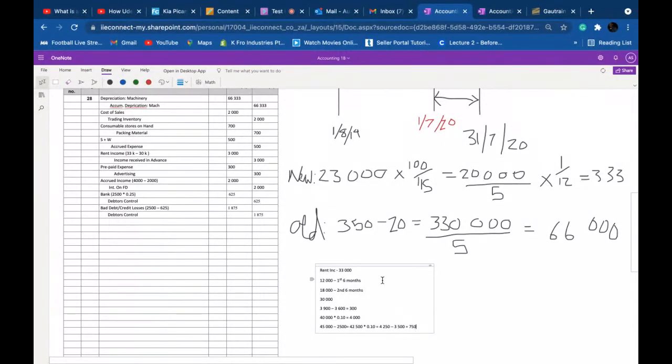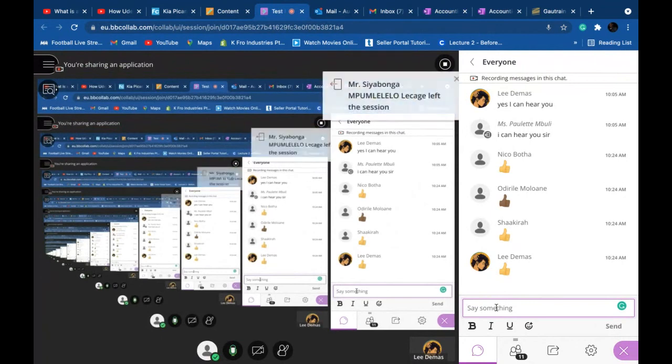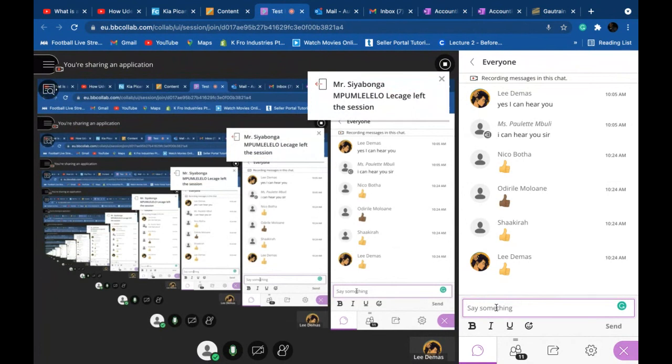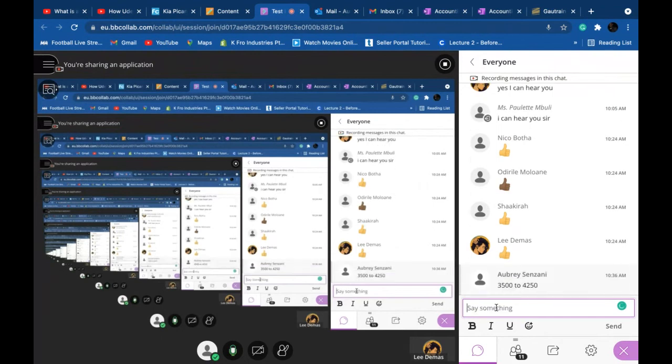So guys, are we debiting or crediting allowance for credit losses? Somebody tell me. Allowance for credit losses is currently 3,500. They want us to adjust it upwards to 4,250. So what do we now need to do? Are we debiting allowance for credit losses or are we crediting it?